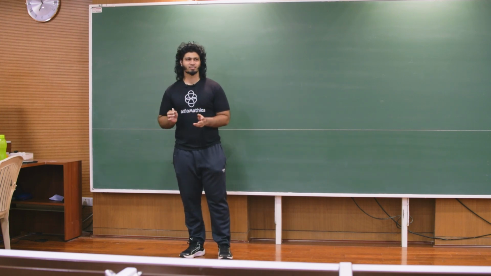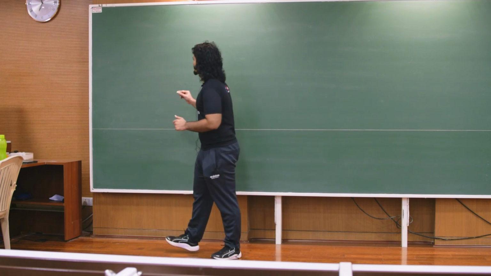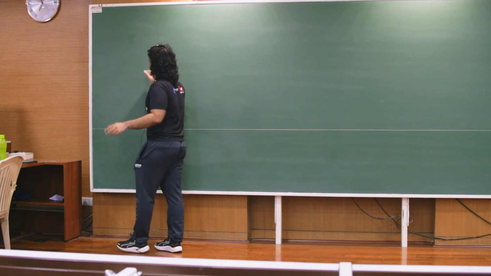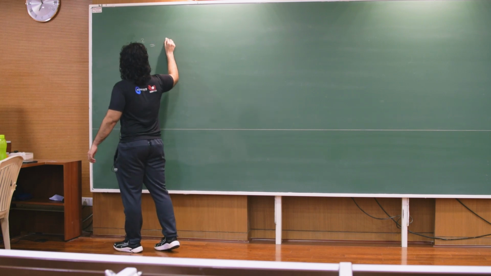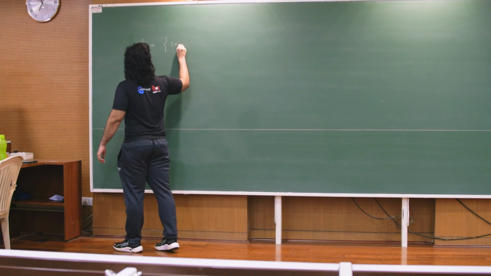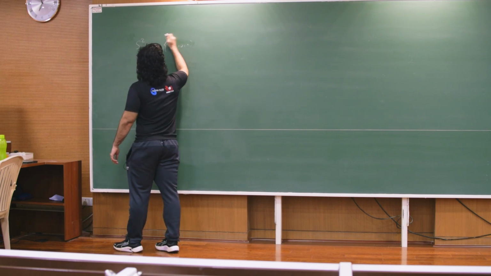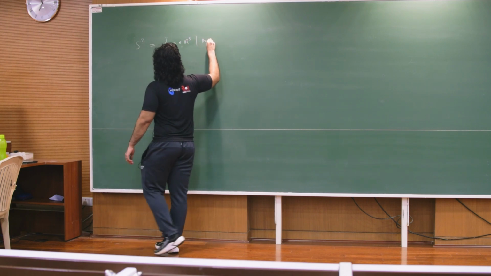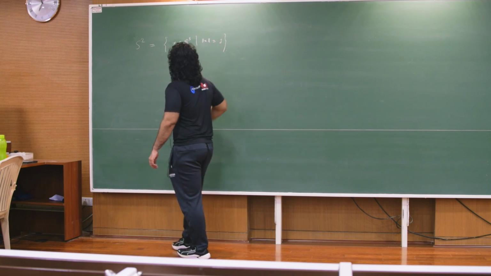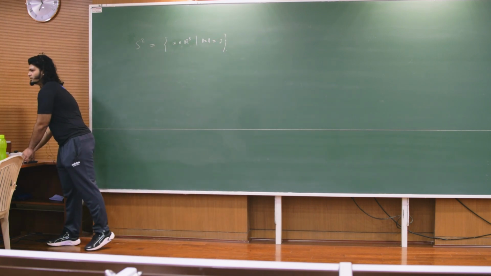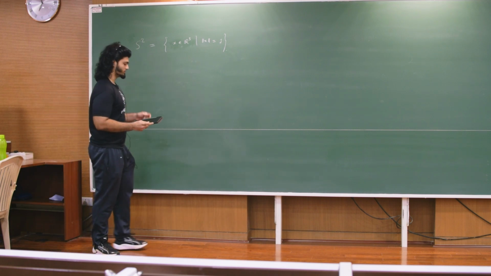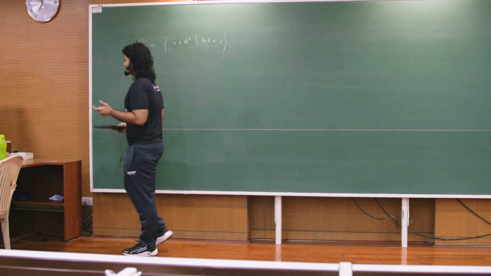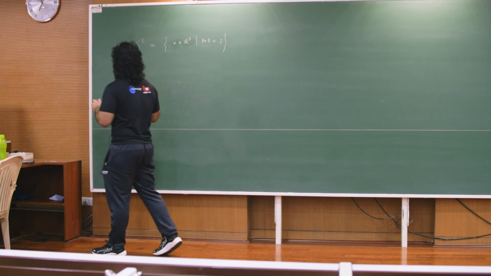Basically what it says is that if you have a hairy ball, by which in layman's terms I mean S2, the two sphere, the set of all x in R3 with norm x equal to 1, with hair on it, which basically means you can imagine hair sticking out of it, you can't comb it.